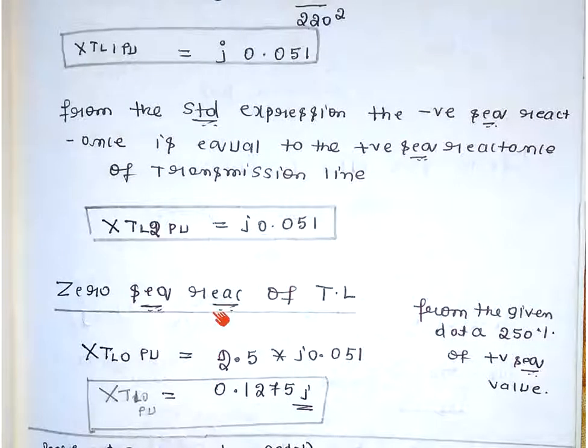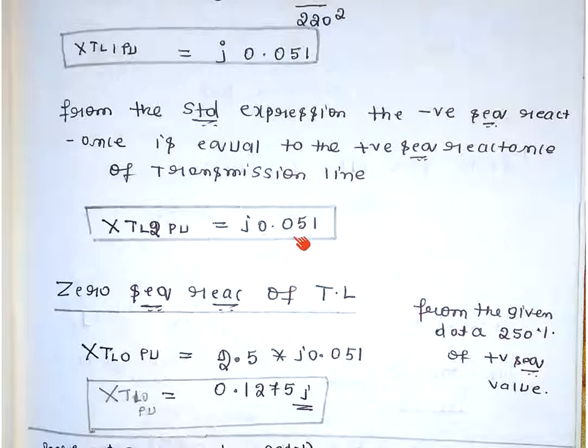Then the 0 sequence reactance of the transmission line. The 0 sequence reactance of the transmission line has been given in the question. It is 250% of my positive sequence reactance. So the positive sequence reactance of the transmission line is 0.051.